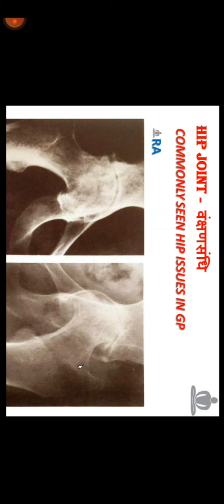In these cases of long-standing rheumatoid arthritis which affects the hip, fixed flexion deformity may develop. And another most important sign is that gluteus muscles and thigh muscles are wasted. So it is very important.